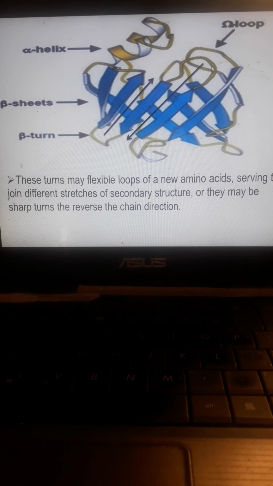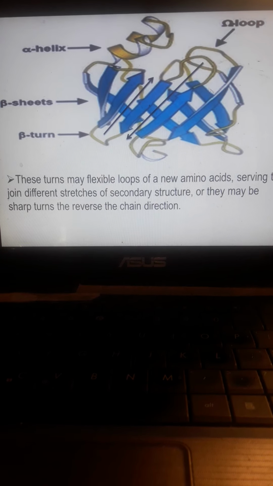So this is the flexible loop. So pwede siya mag-turn pag ganun. And this one, balik dito. Okay, so that is because amino acids or the proteins are considered to be mobile. So pwede siya magkaroon ng stretching, turning. So this one will turn downward and this upward. So this is protected by a flexible loop.